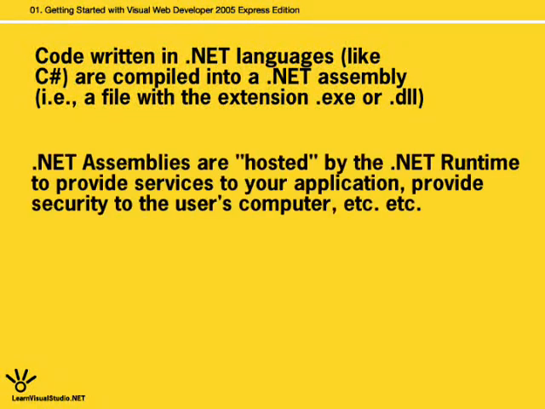And then that file runs in the context of the .NET runtime, and by doing so has access to things like the .NET Framework class library. The .NET runtime manages memory and security and other things for our application.